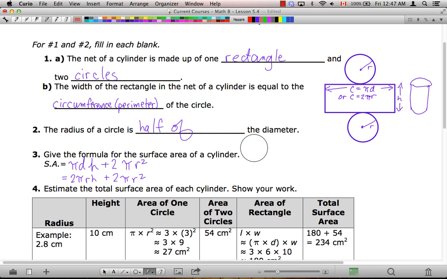So first of all, the pi times the diameter times height, which is the same thing as 2 pi r h, that is the area right here of the rectangle. And of course that rectangle is what wraps around the lateral face of the cylinder, so we're talking about this part right here in the original cylinder.